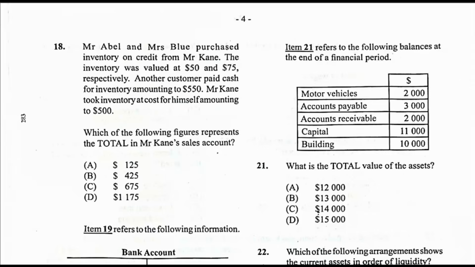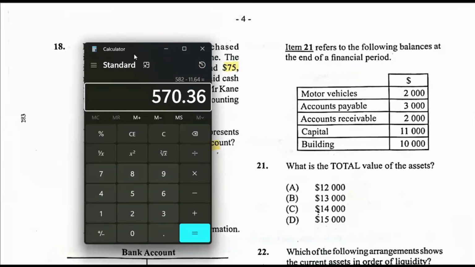So we're looking to see what was the total in Mr. Kane's sales account. Okay, well, Mr. Abel and Mrs. Blue purchased goods on credit from Mr. Kane. These are your credit sales, 50 plus 75. Another customer came and paid cash. This is $550 cash. This is cash sales. So all we need to do is add up your credit sales together with your cash sales, and we should get your answer.